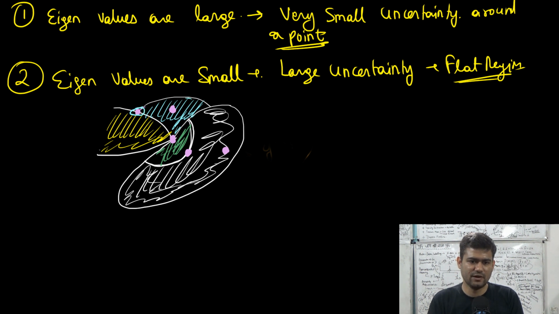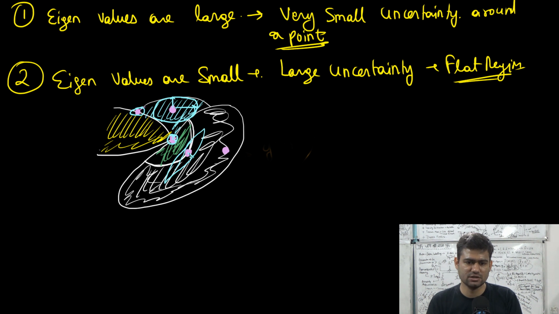Here there's a very flat region, so the ellipse would be very large, meaning there's a high degree of uncertainty around this point. For this point, the ellipse is this, with major and minor axis. At this point, at the edge point, there is very high uncertainty in one direction, but in the other direction there is not.